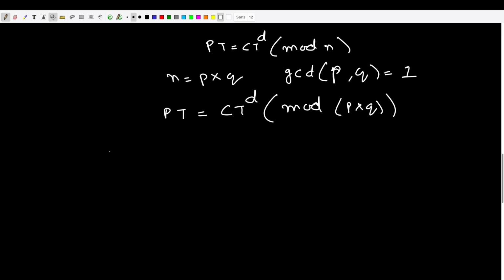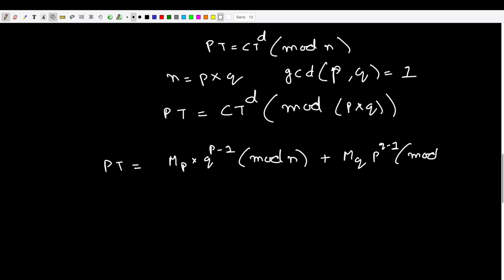Because of this, we can break it down as plain text equals MP into Q to the power P minus 1 mod n, plus MQ into P to the power Q minus 1 mod n, and this entire thing is modulo n.